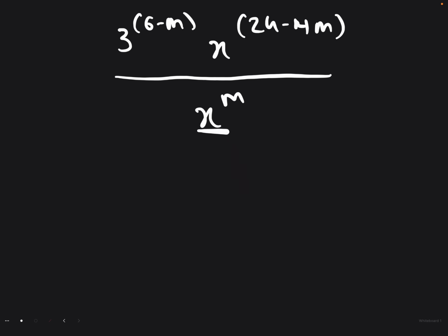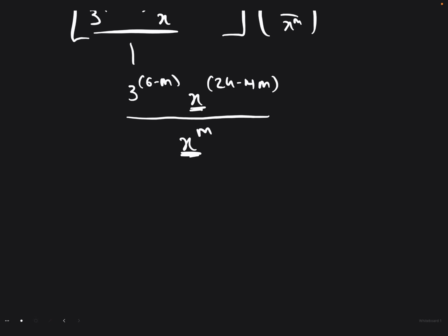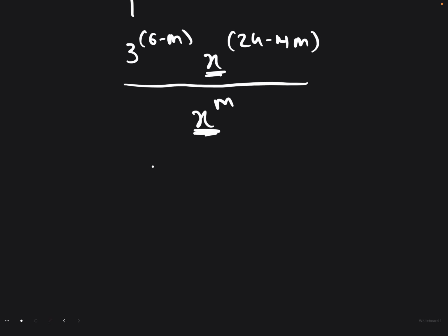Now we would subtract the same coefficients, and this becomes 3 to the 6 minus m.